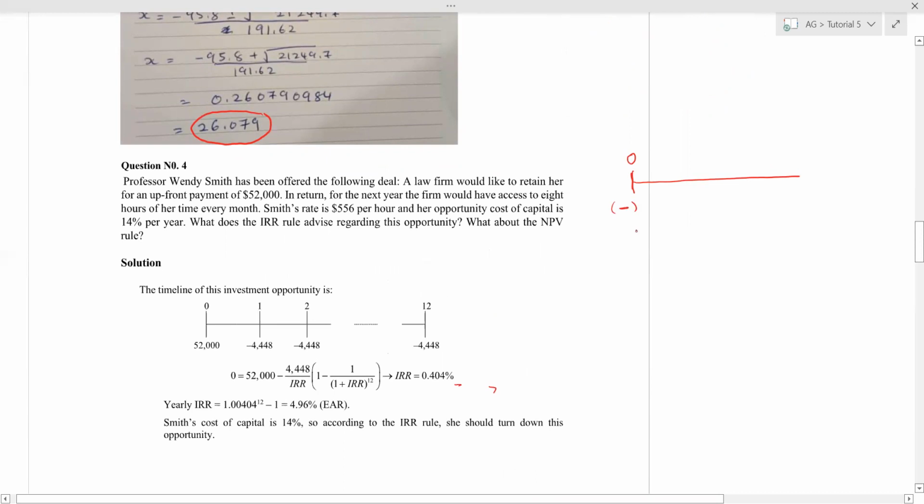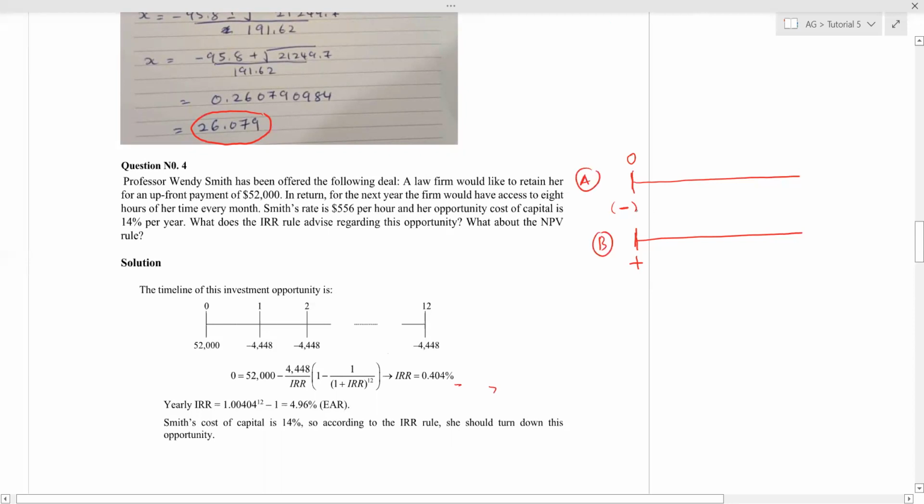But then there are non-conventional cash flows where the first cash flow is positive. So question number 4 is talking about this non-conventional form of cash flows.